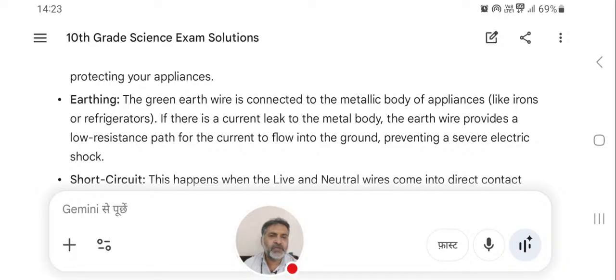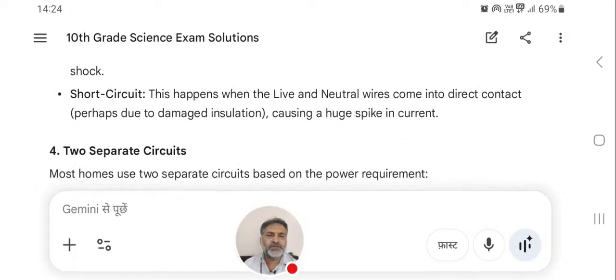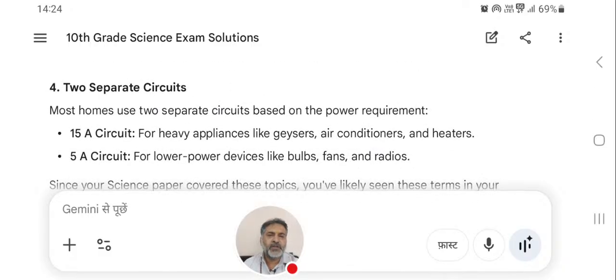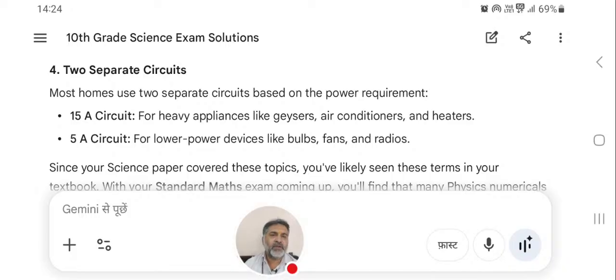If there is a current leak to the metal body, the earth wire provides a low resistance path for the current to flow into the ground, preventing a severe electric shock. Short circuit: this happens when the live and neutral wires come into direct contact, causing a huge spike in current. Two separate circuits: 15 ampere circuit for heavy appliances like geyser, air conditioner and heater. 5 ampere circuit for lower power devices like bulb, fan, radio.